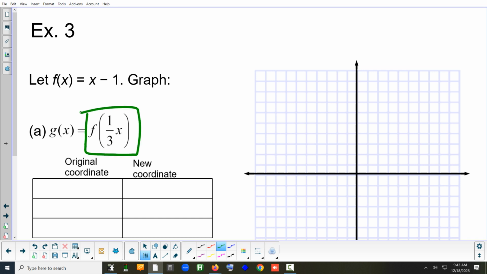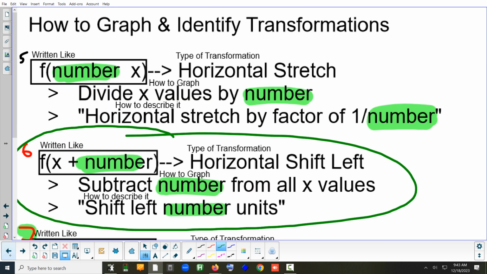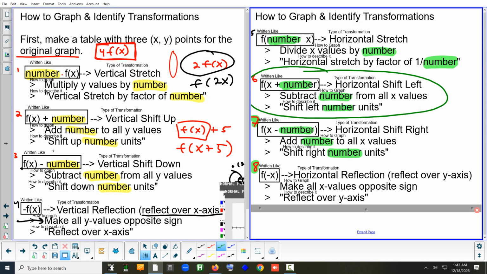So there's a number in front of the x. Let's go back to our table. And which row has a number in front of an x? Or which box? 5. Yep, this problem is going to be box 5.